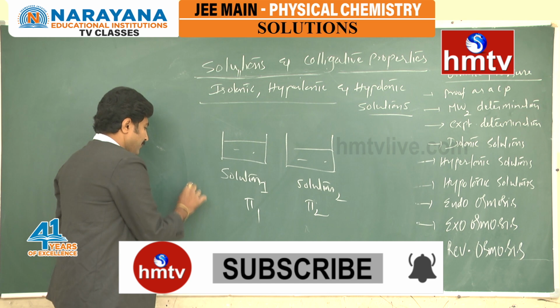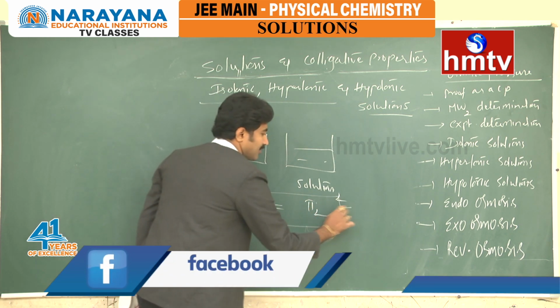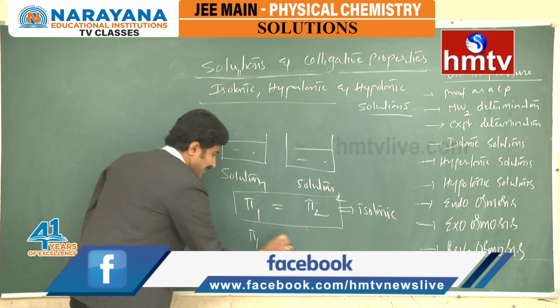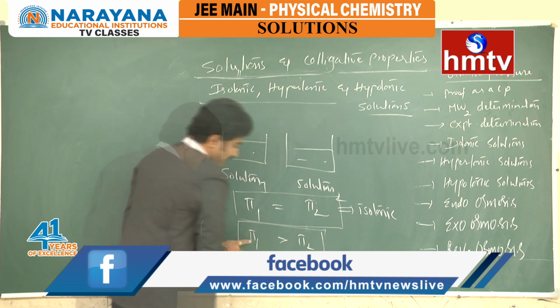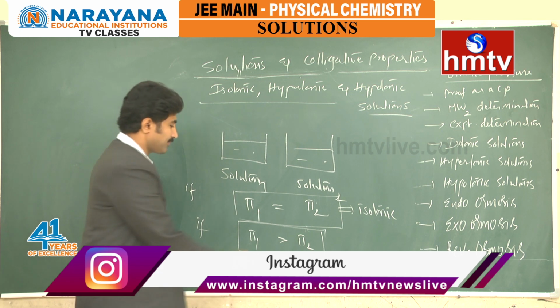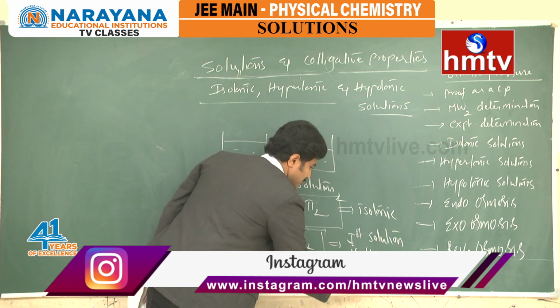If pi 1 is equal to pi 2, then these two solutions are called isotonic solutions. If pi 1 is greater than pi 2, which is more is hyper, which is less is hypo. That means the first solution is hypertonic than the second solution.